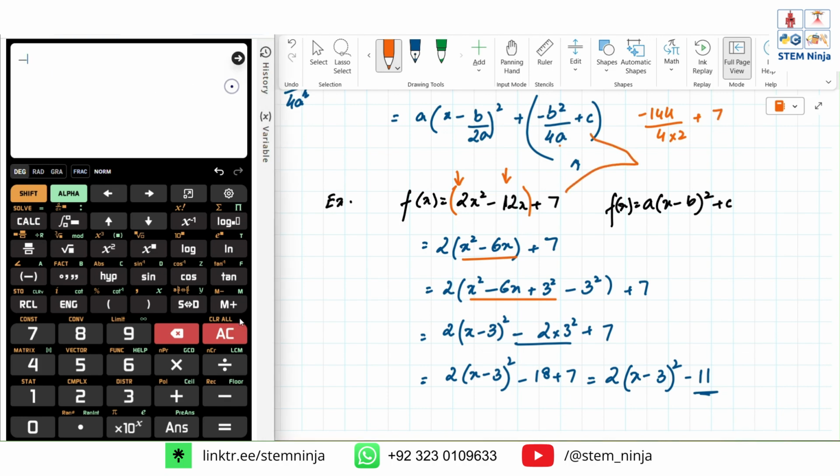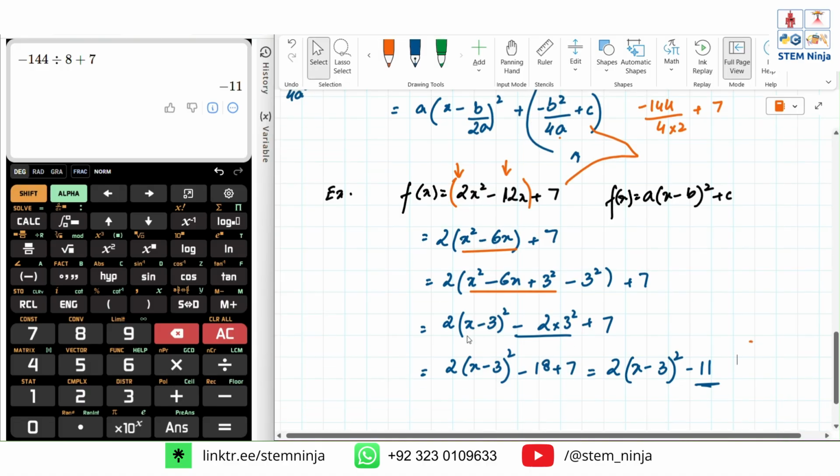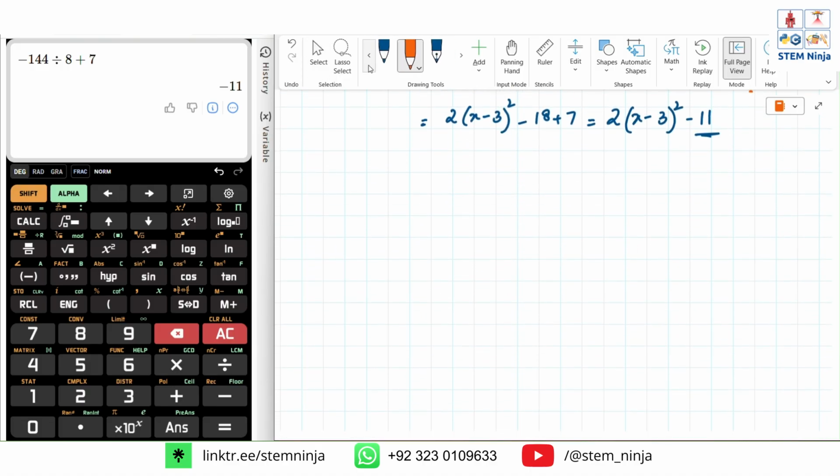So let's calculate: minus 144 divided by 8 plus 7. As you can see, minus 11, exactly what we had over here. Okay, so now let's look at some recent questions to practice this concept.